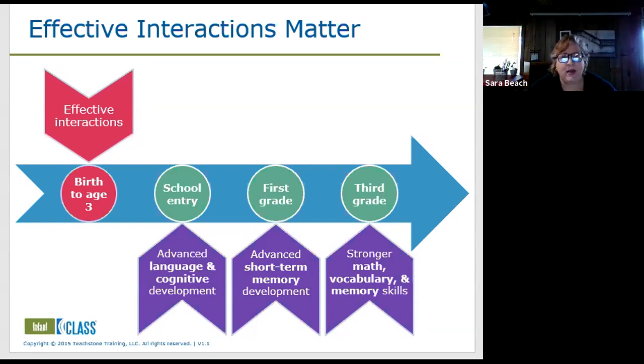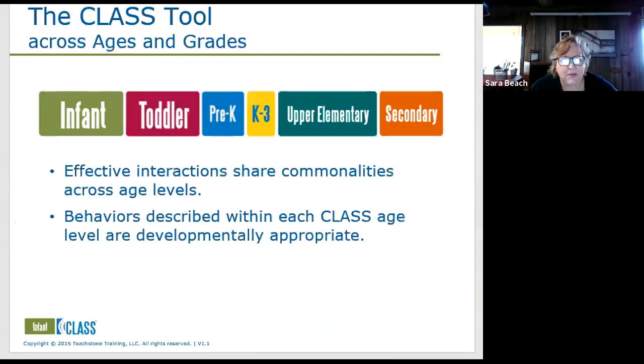By 3rd grade, kids need to know how to read, and they need to have certain math and study skills, etc. And so, anyway, we're setting the stage so that can be there. I mentioned all these different levels. Each one has a different set of behaviors, because what we do with kids at different ages is different, right?